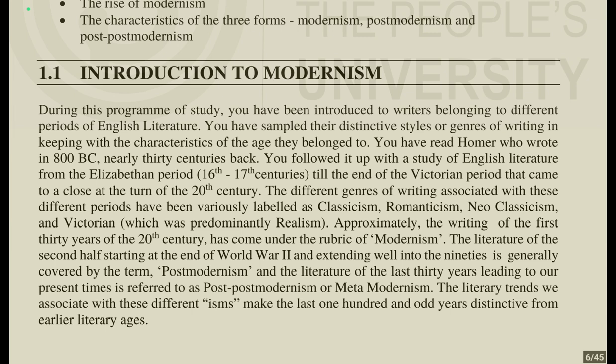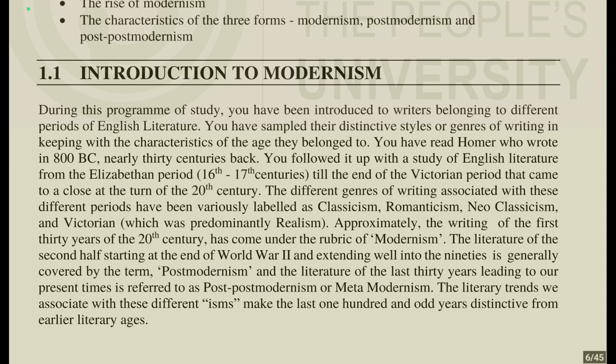You can say the artistic period would be a better choice than literary, because modernism was seen in visual and creative arts as well, in dancing, in music, in painting too, not just in literature.